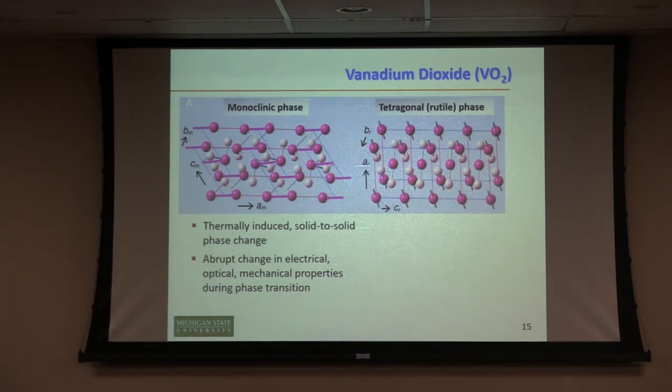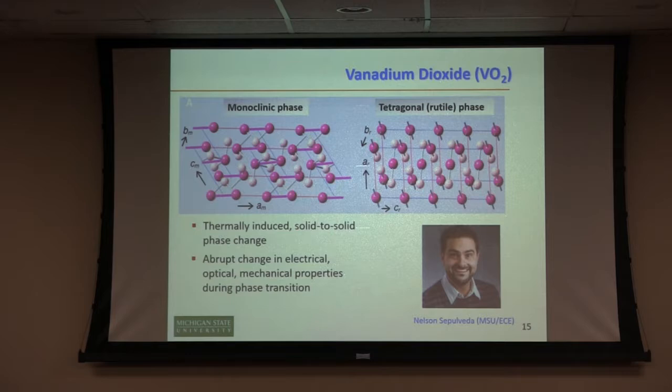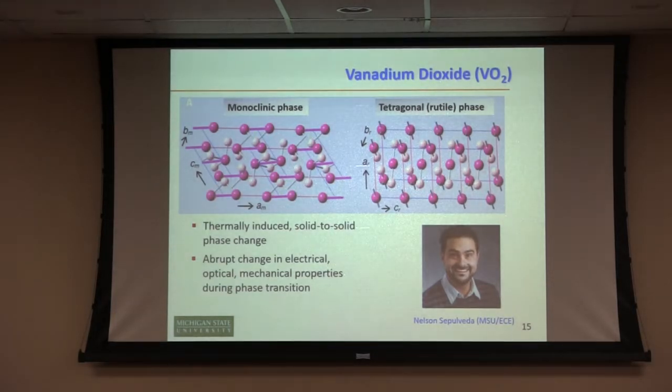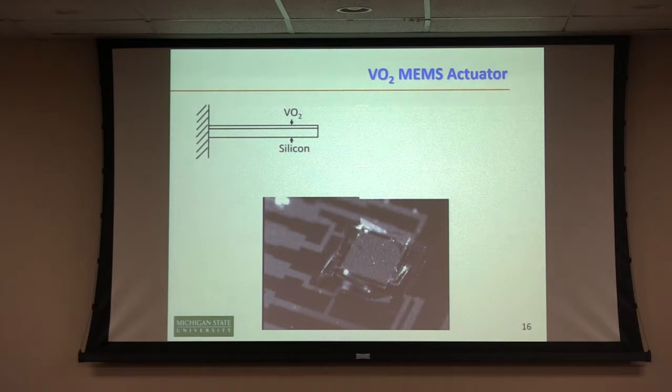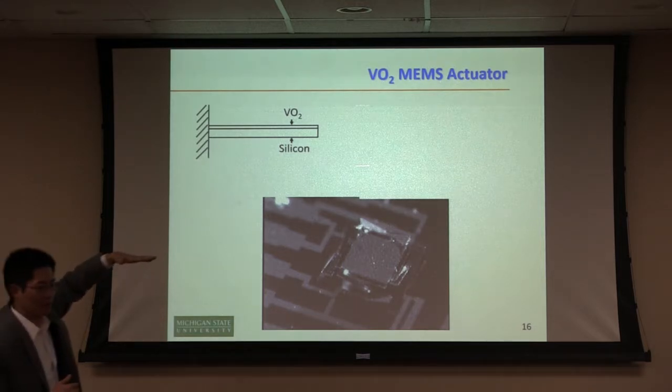So this has been mostly collaboration work with a colleague. Actually, he does MEMS, Nelson Sepulveda. So his group has fabricated a number of devices. Here, VO2, vanadium dioxide, is deposited on a silicon cantilever.